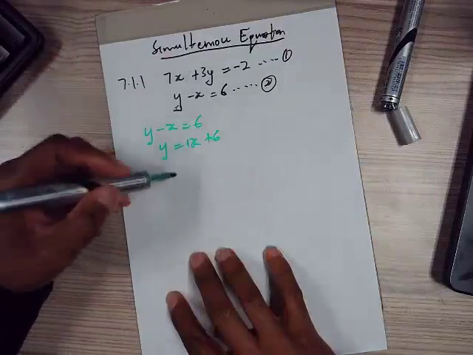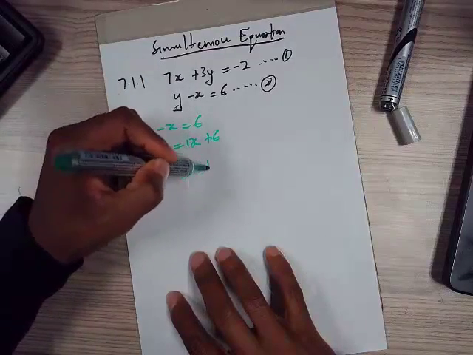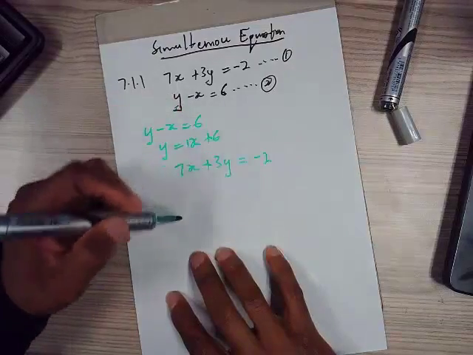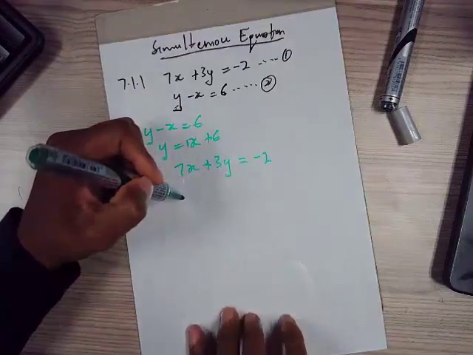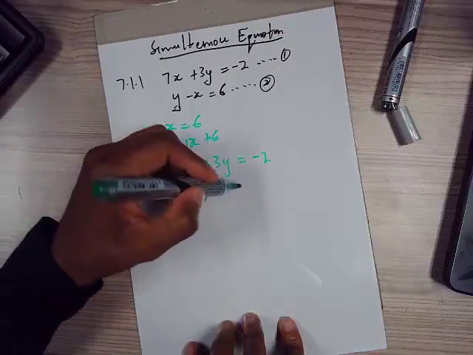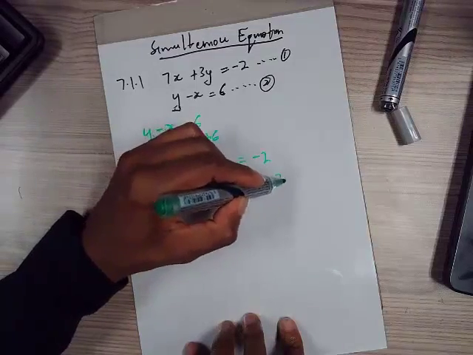So now let's do the same with the top one. 7x plus 3y equals minus 2. Now we solve for y. So 3y equals 7x to the other side, it will change the sign, minus 2.